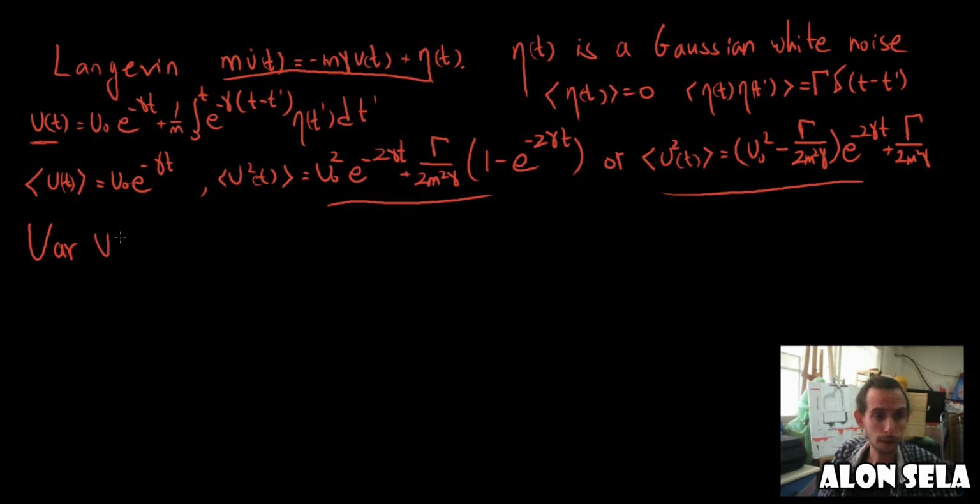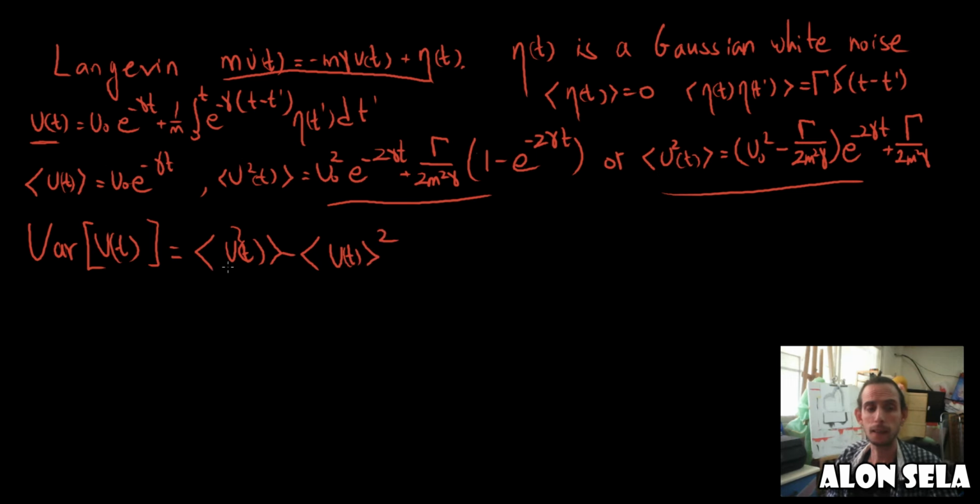So the variance for the process is the second moment, which is the expectation of the square of the velocity, minus the square of the mean, and the mean is this.